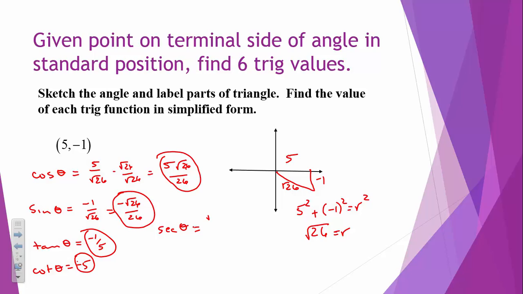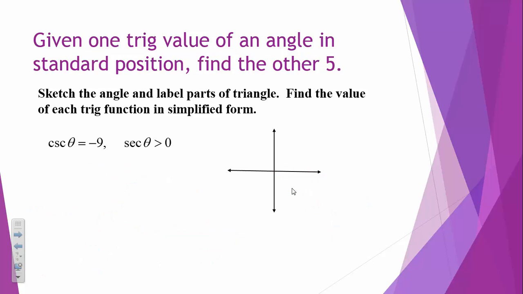So I would just get square root of 26 over 5. And then the cosecant, same thing. When I take the reciprocal of the sine, I'd take this one and get negative radical 26. So those are my 6 answers that I needed. So when I give you a point, you know the x and the y, you just need to figure out r.